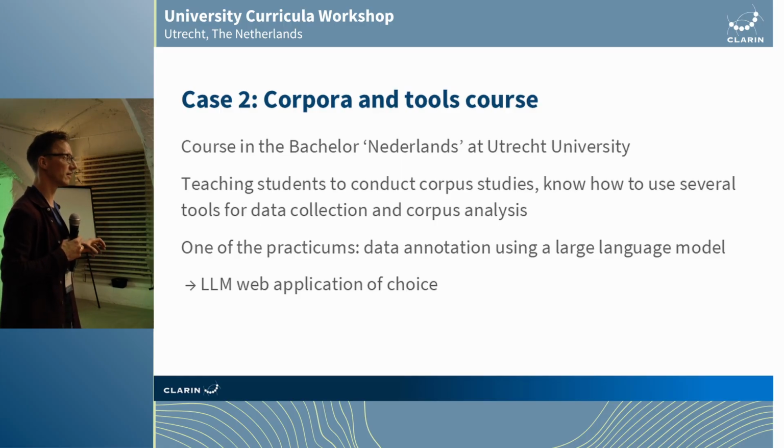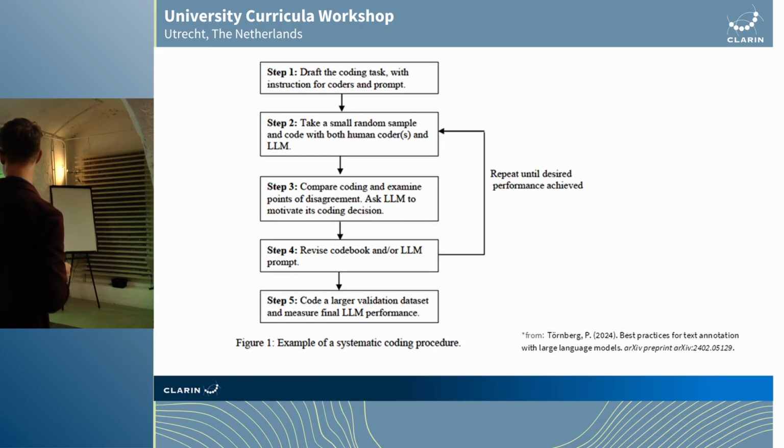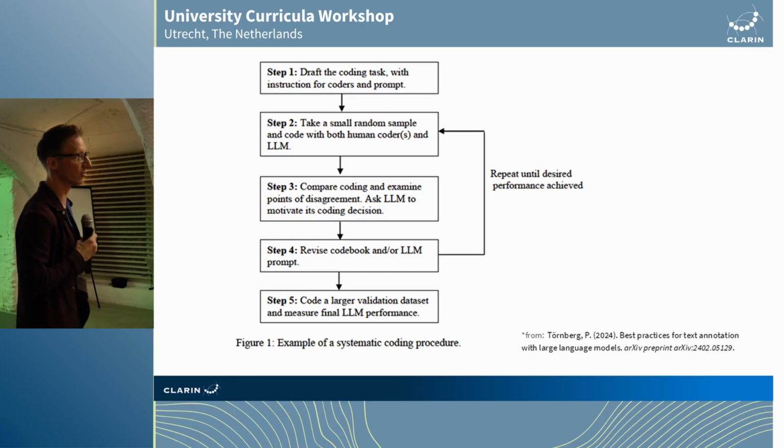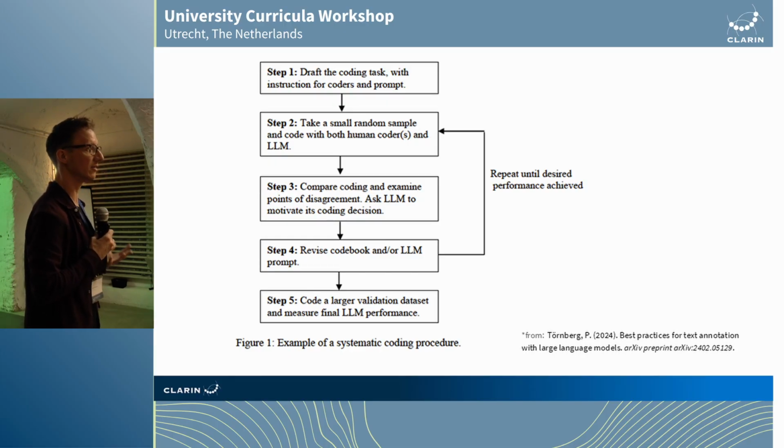But also there, I think it's important for them to know that you have your large language model at your disposal. You can use it also for annotation. And then, of course, it's very important to have them do it in the right way. So I came upon this nice hands-on paper by Tornberg, and he describes this procedure where they have to formulate a prompt in an informed way, but before even doing that, they have to have gone through a manual procedure.